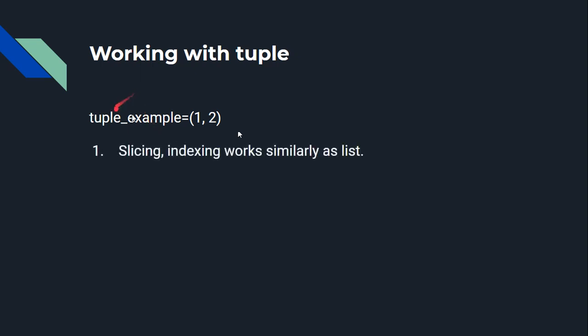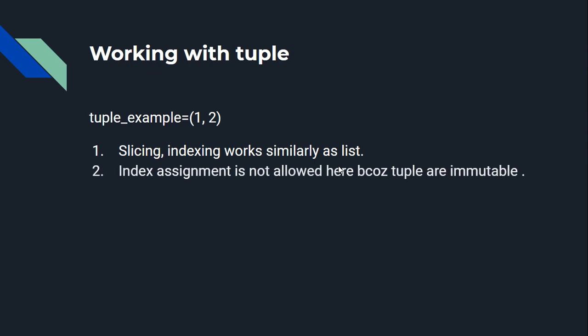Slicing and indexing work similarly as in list. As you apply slicing and indexing in case of list, you can use the same rules here also. Next, index assignment is not allowed here because tuples are immutable.